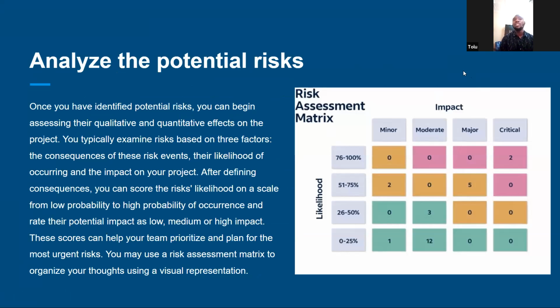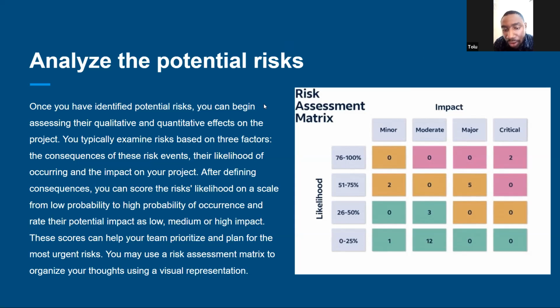The second step, after you identify your risks, is to analyze the potential risks. Once you have identified potential risks, you can begin assessing their qualitative and quantitative effects on the project. You typically examine risk based on three factors: the consequence of the risk, the likelihood of occurring, and the impact on your project.